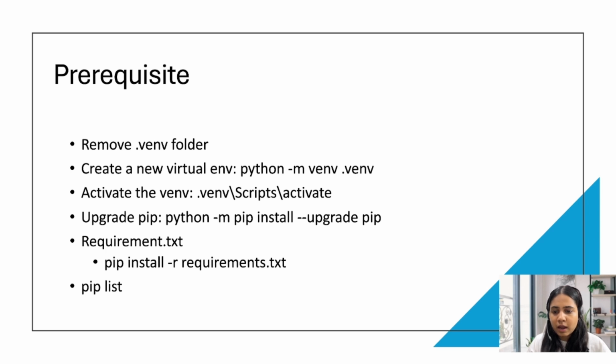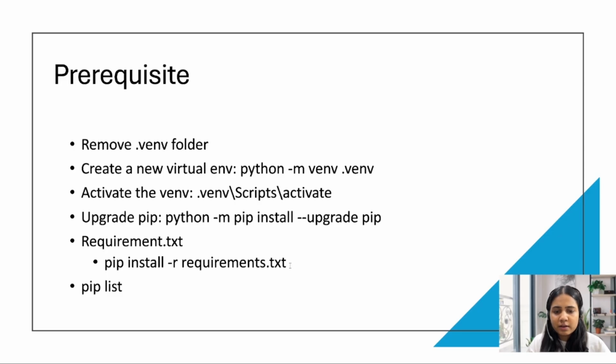After that, we have to create a requirements.txt file. This file will list all the dependencies, so we will not manually go and download each one. We'll write them in the requirements.txt file, and then for installation we need to run the pip install -r requirements.txt command.